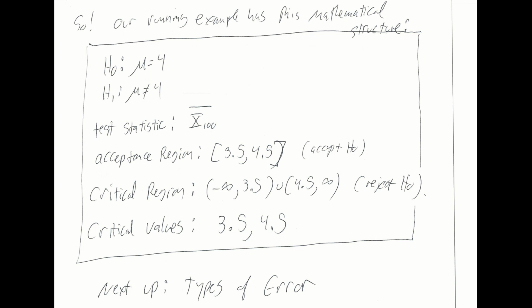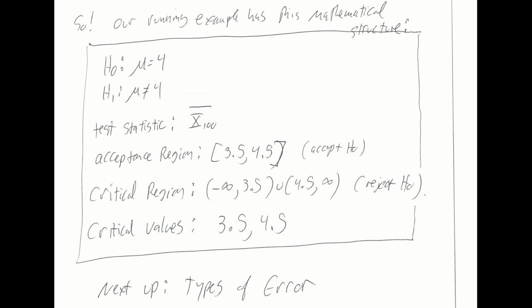In particular, as a preview, it's possible that my null hypothesis turns out to be true, but that my test causes me to reject it. So maybe the mean mass of these bolts really is 4, but the 100 that I get happen to be particularly heavy, so that their average mass turns out to be, say, 4.7. My test is going to instruct me to reject the null hypothesis when in fact the null hypothesis is actually true.